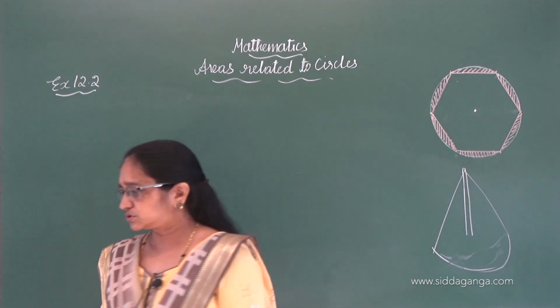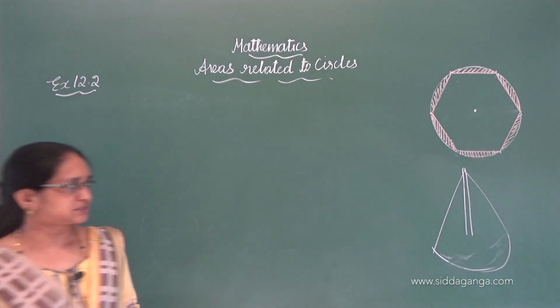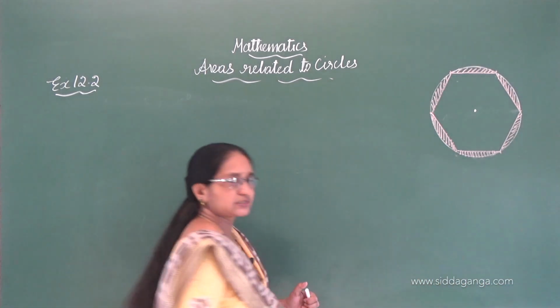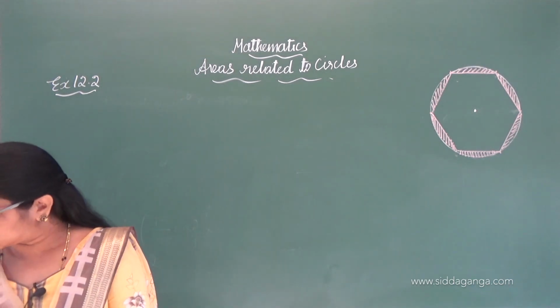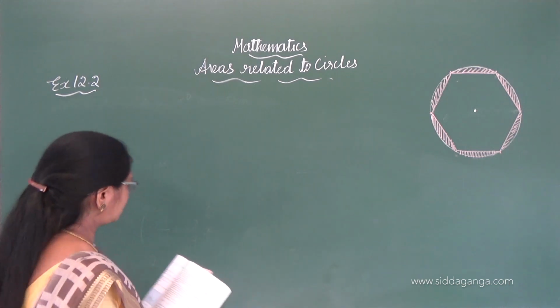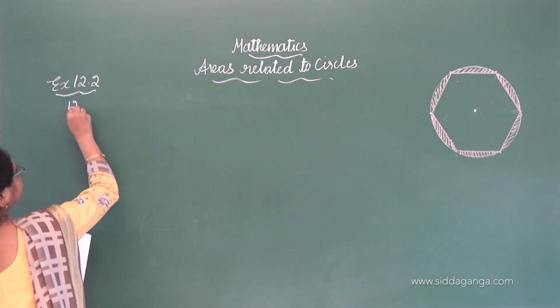Okay. So just let us write, and they have given the sector angle directly, and also the radius of the sector they have given. Okay. So what is the data given?